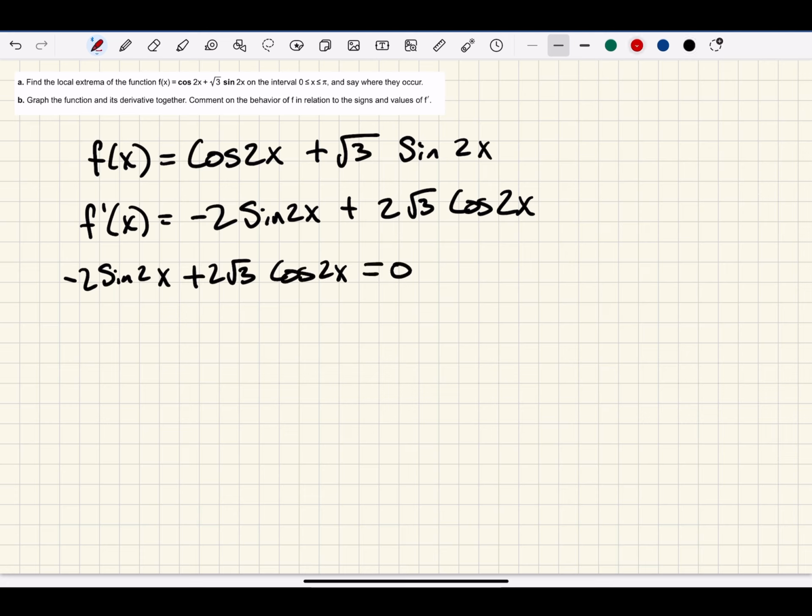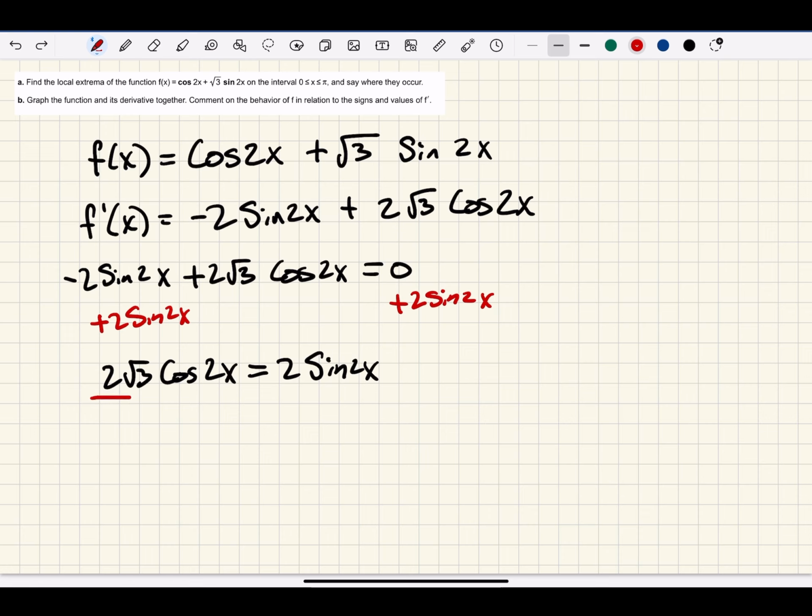We could add 2 sine 2x to both sides, and we would end up with 2 times the square root of 3 cosine 2x equal to 2 sine 2x. Now, dividing both sides by 2 cosine 2x would leave us with square root of 3 equal to tangent 2x.